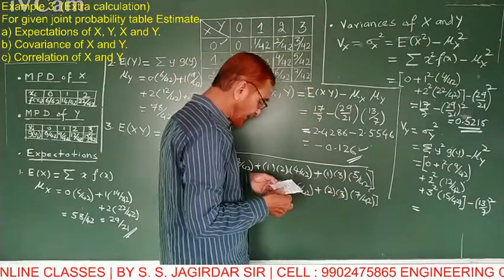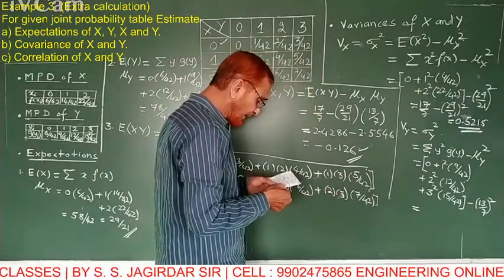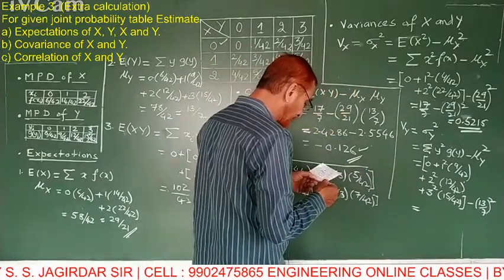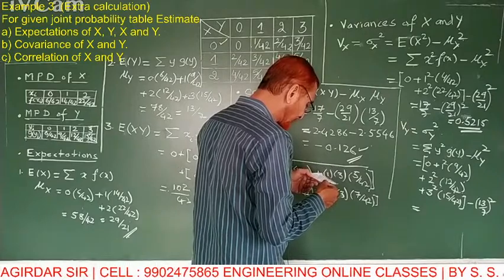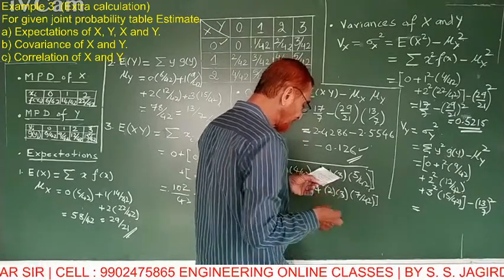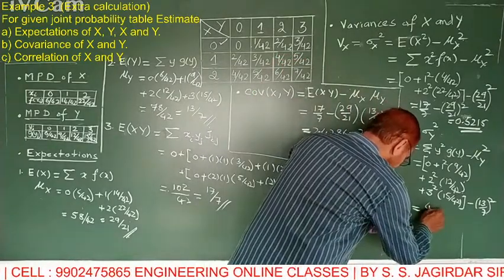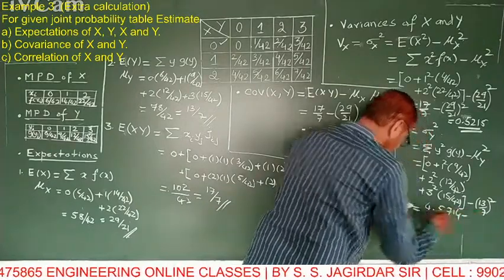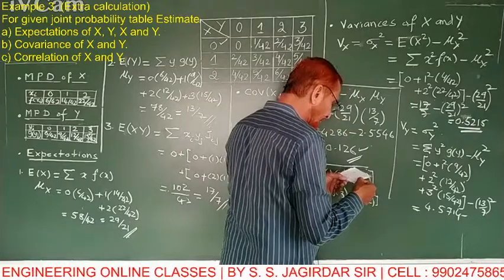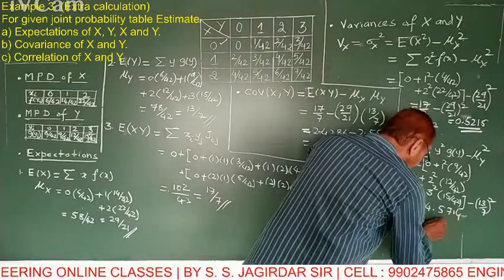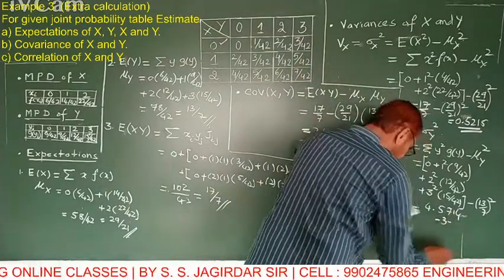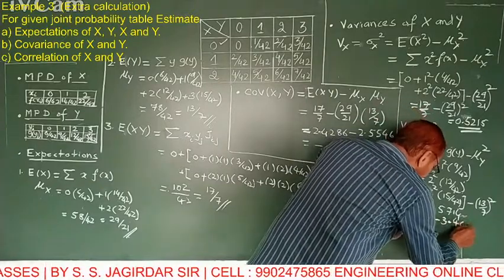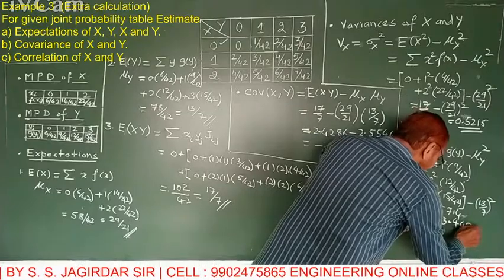Okay, now the variance of y. So this will work out to be the expectation of y squared, 4.5714, minus 13 upon 7 square, which is 3.4490.